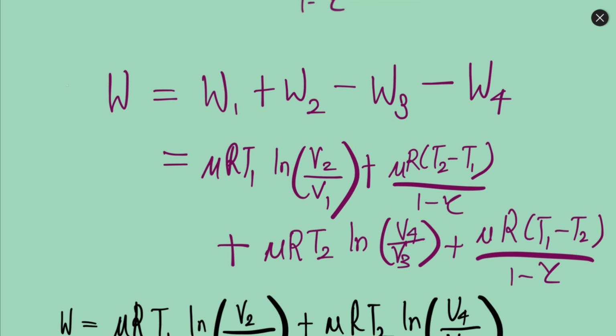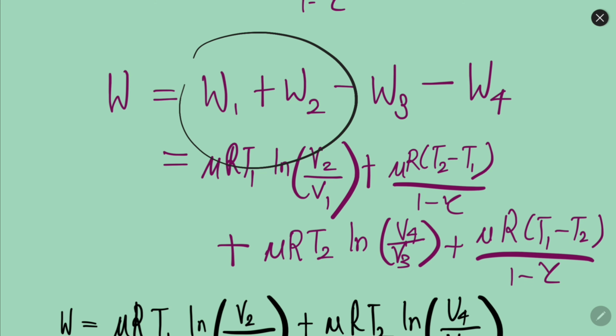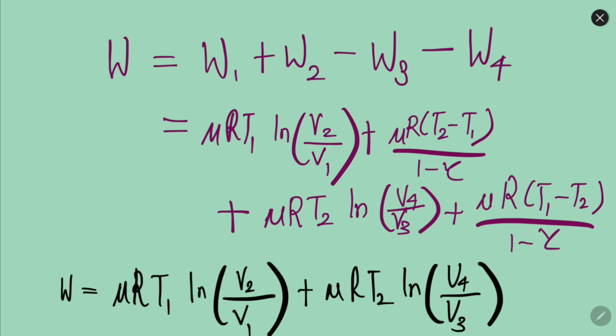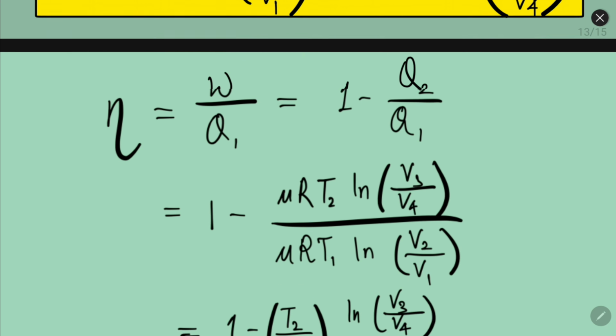So what will be the total work done? Total work done will be the sum of all the work done. We will obtain this work done for expansion and this work done for compression. Expansion work done is considered positive and compression work done is considered negative. Once you put all the values, you will find that the work done comes out to be this much. And what is efficiency?